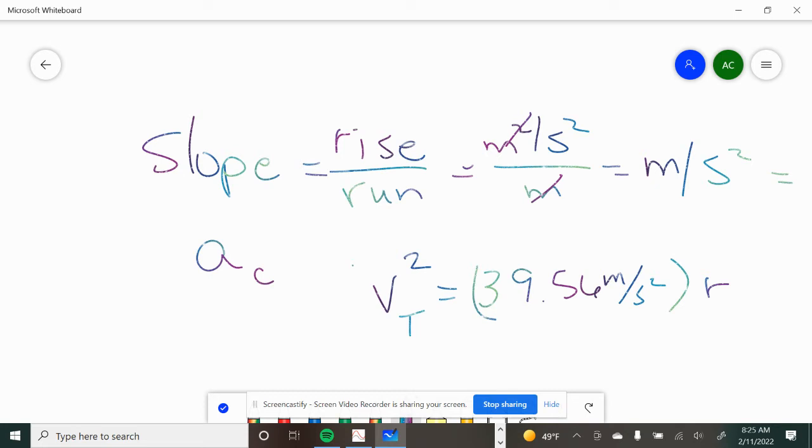So that's the main thing that you need to get out of looking at the slope and those units, is that your slope is your centripetal acceleration. And you're going to need that for the remainder of the analysis. This is number 8.